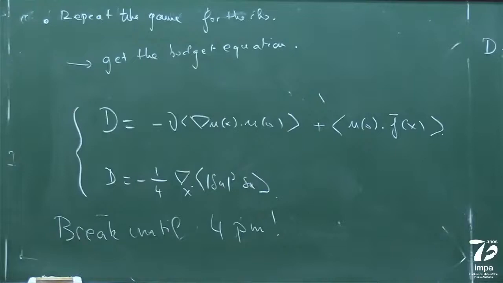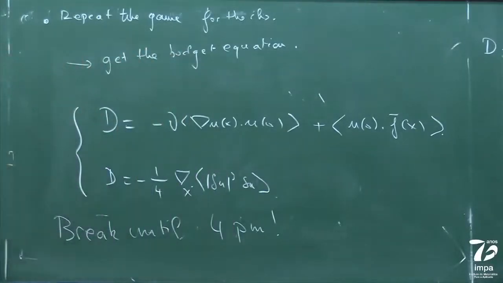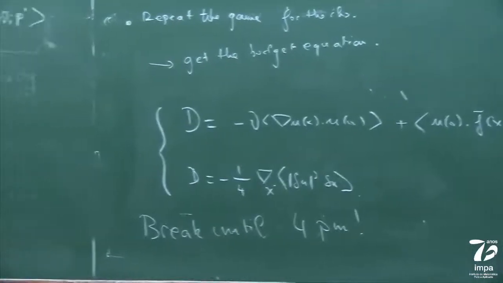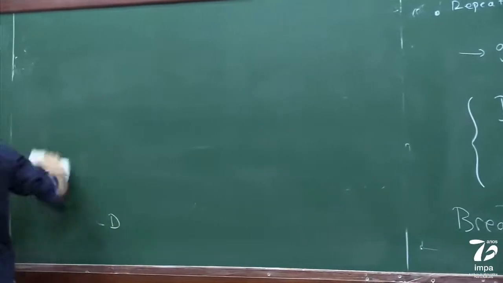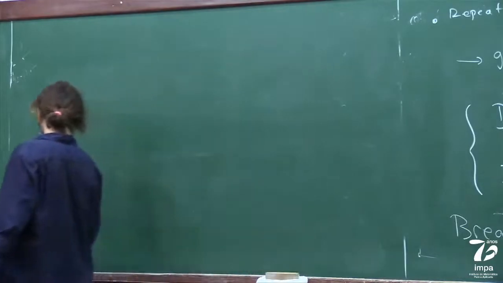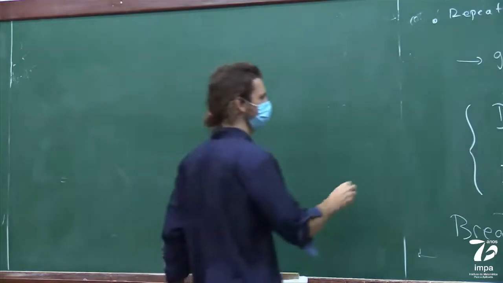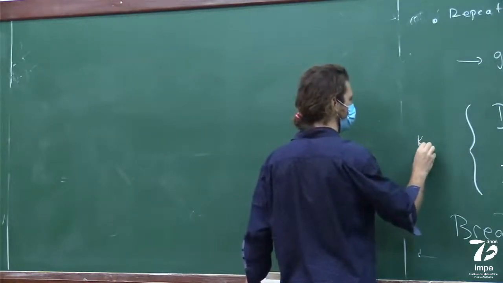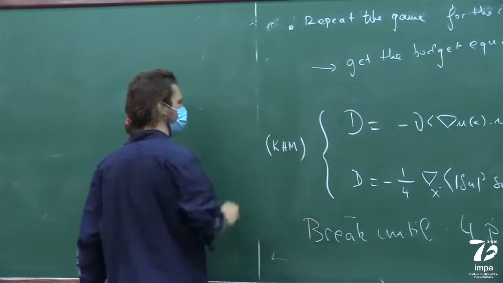Okay. So now we have this budget equation. We call it Kalman-Haworth-Bonner, KHM.